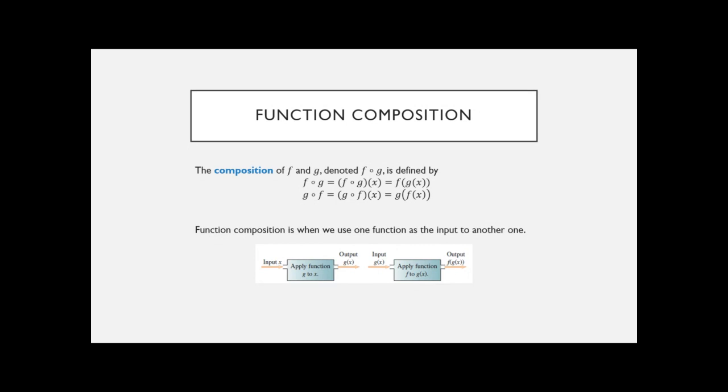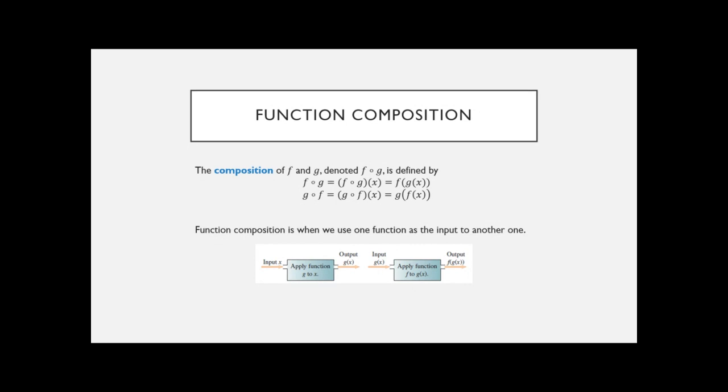And then if it's in the other direction, it's g of f of x. So this is a new notation where you have an open circle. It's not the letter O. It's like the dot, it's just that it's open. And that means you're doing a function composition. So you could see it written multiple ways, but what it basically means is that you are taking one function and putting it into another.